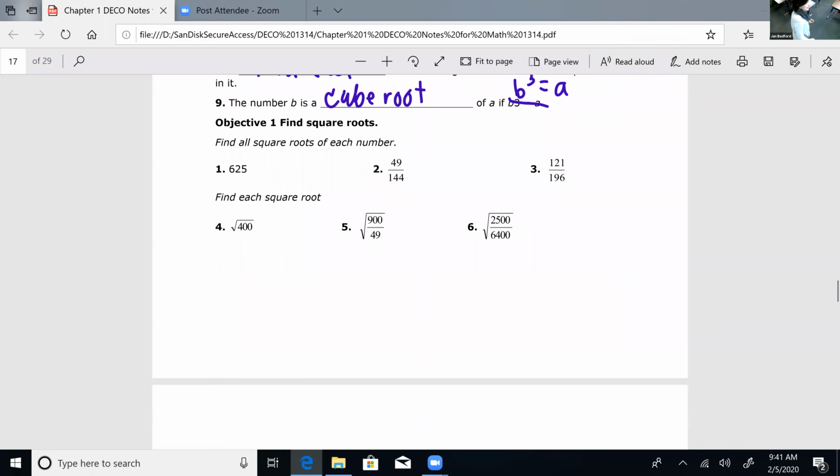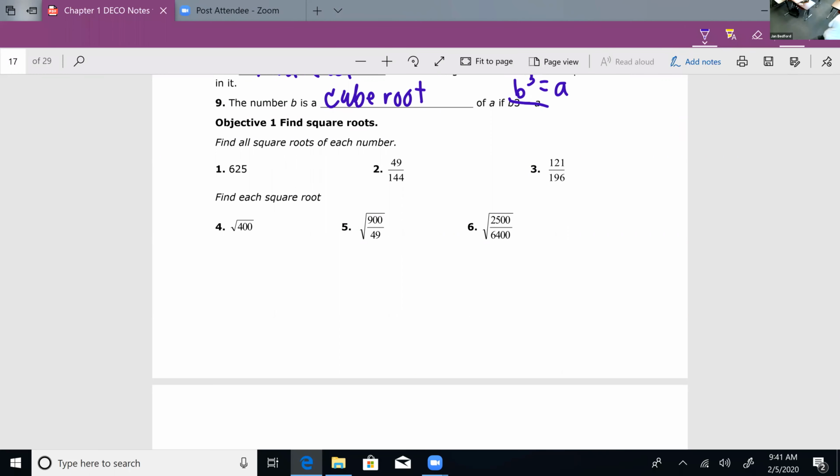Then let's make sure we understand how to do some things with these roots. If it asks me to find all square roots of a number, and I just have a number and there's not a radical sign on it, how many roots would there be? Let me say it one more time.